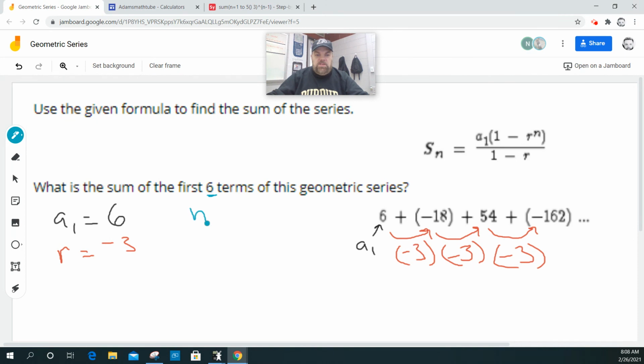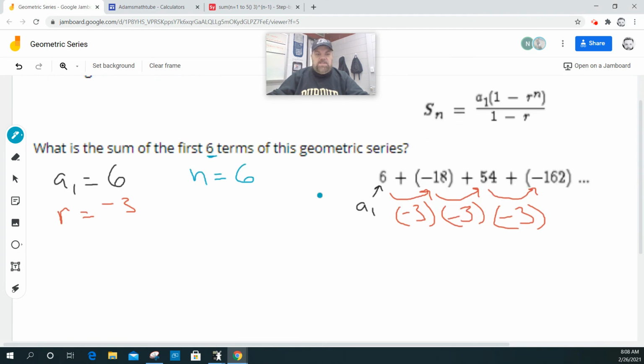So then the next thing that we need to do is figure out what n is. Well, n is going to be 6 because they want us to figure out the summation of the first 6 terms. So then I can find the sum. Now I just plug stuff into this formula right here. I'm going to say s sub 6, the summation of the first 6 terms, is equal to 6, my first term, times 1 minus the common ratio, which is -3.